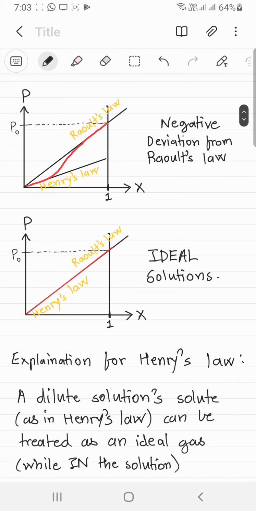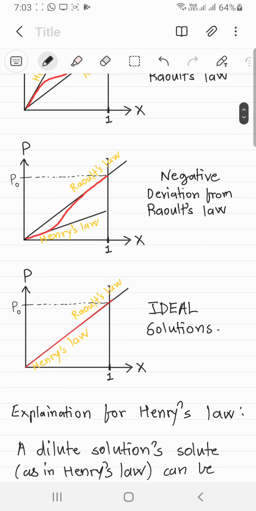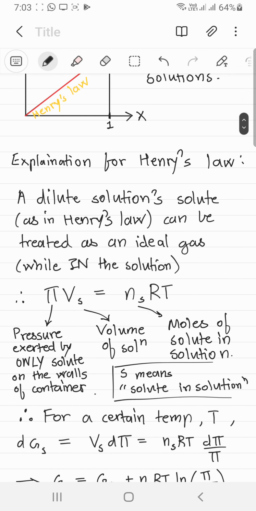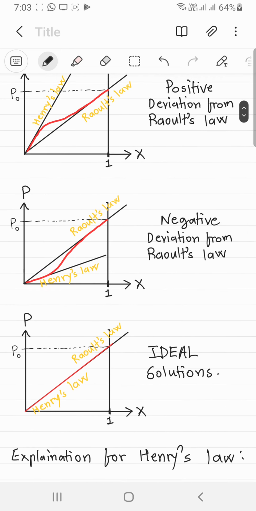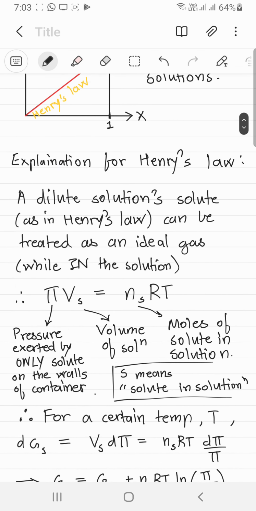And then you have something called ideal solutions. For ideal solutions, both of these things, Henry's law and Raoult's law, are the same. We will learn what ideal solutions are in a bit, but just know that for an ideal solution, this graph just becomes a line. Now I will explain why Henry's law works, that is, why we expect this kind of linear curve at the very start of this graph.